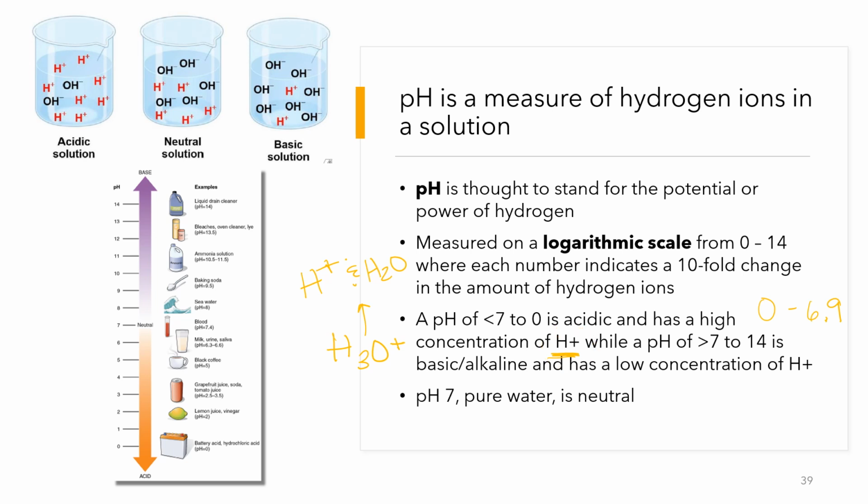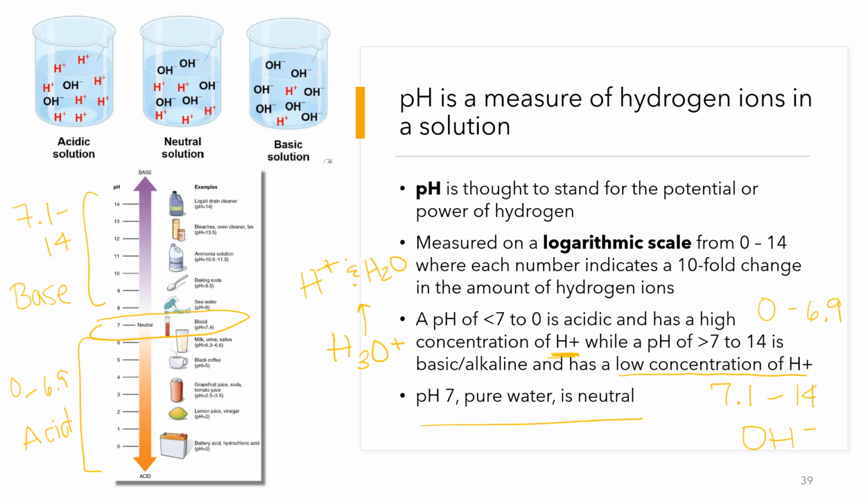Now, something that is from 7.1 to 14, we're going to call basic or alkaline because it has a low concentration of hydrogen ions. It's going to have a lot more of those hydroxide ions. So 0 to 6.9 is going to be an acid. Let me write that over here. And then anything above 7, from 7.1 to 14, is going to be your base or alkaline. And remember, right at 7 is considered neutral. That's your pure water. They're perfectly in balance.